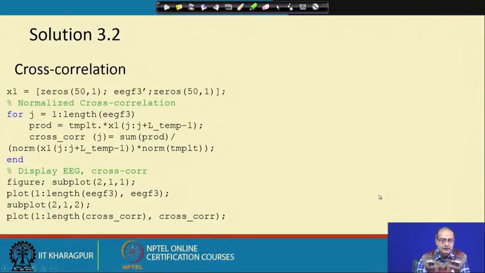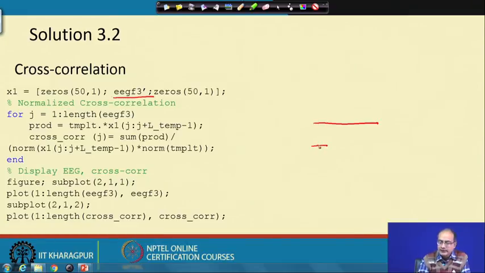Next we have to take the correlation. So, here we start that operation. EEG_F3 is the signal. Okay. Now, when we take the correlation, between EEG_F3, say here is the signal and here is another small signal, that is the template.